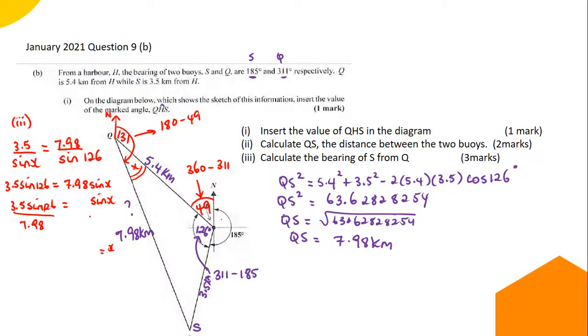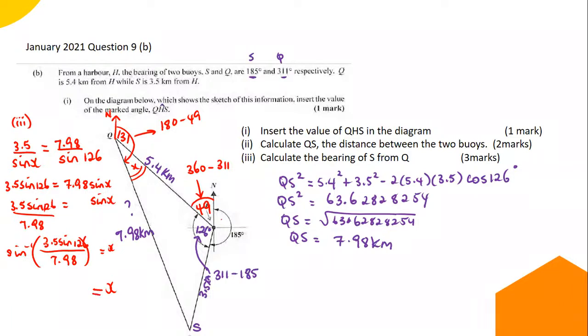So x is equal to sine inverse of 3.5 sine of 126 all over 7.98. I know this was written very close, but it's the same 126.